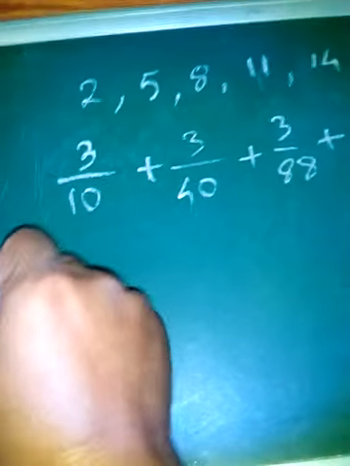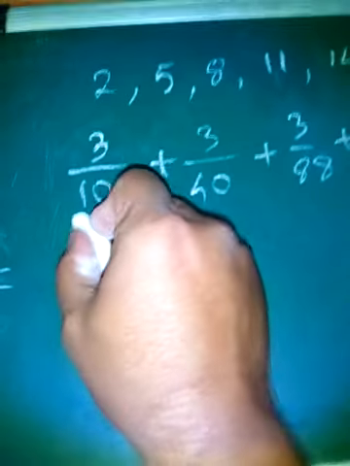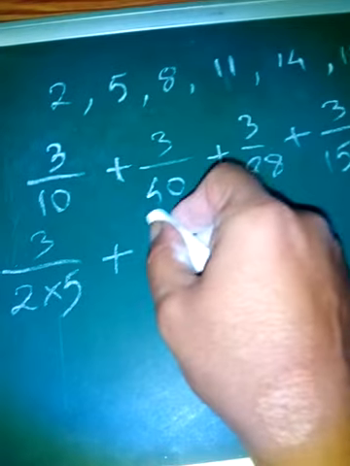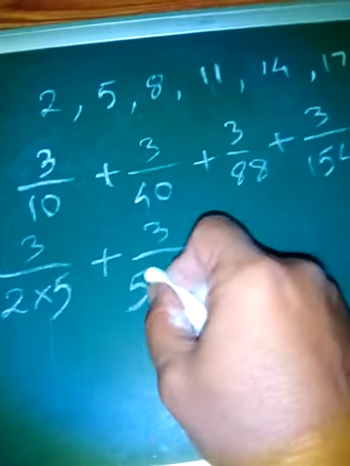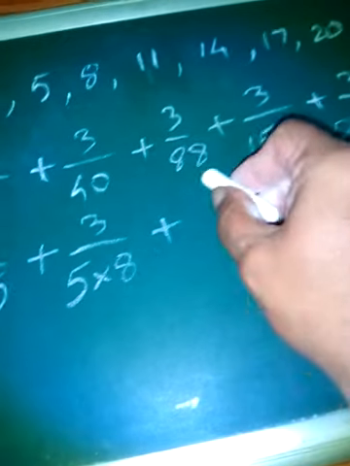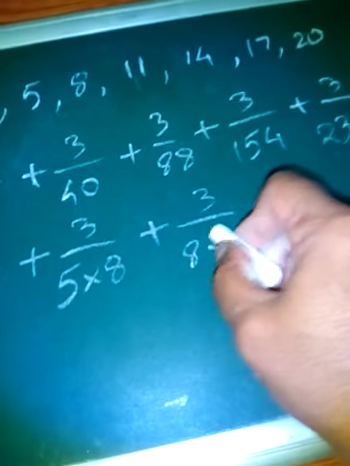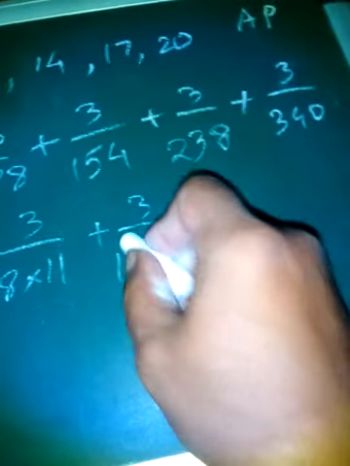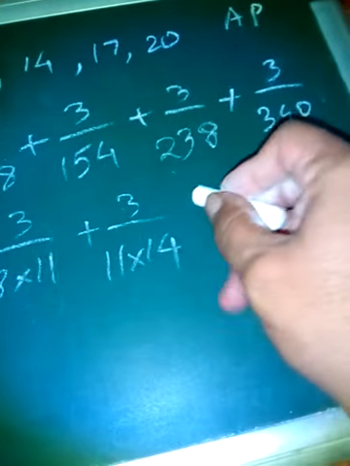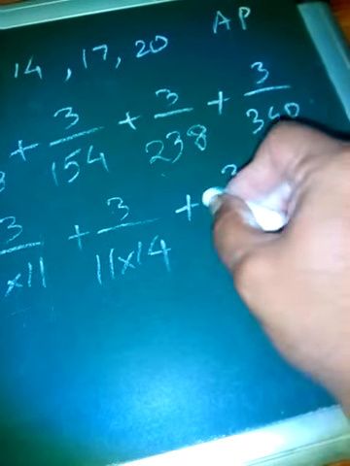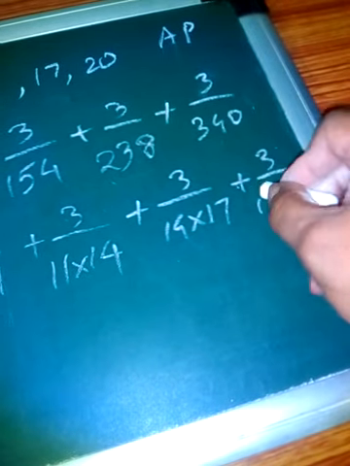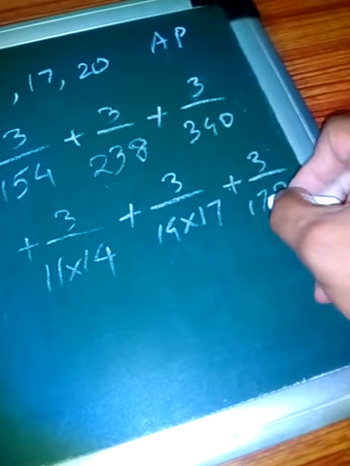So here we write this is equal to 3 upon 2 into 5 plus 3 upon 5 into 8 plus 3 upon 8 into 11 plus 3 upon 11 into 14 plus 3 upon 14 into 17 plus 3 upon 17 into 20.